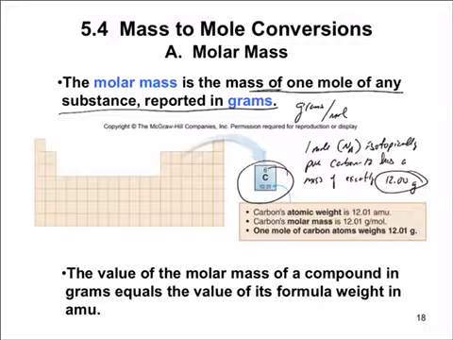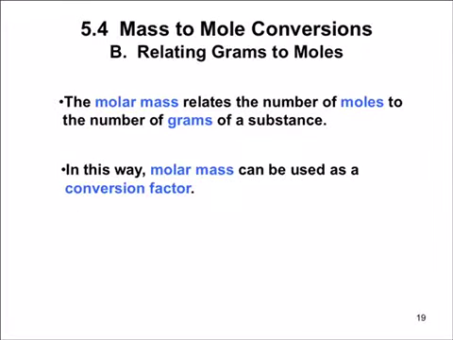So what this means is all of these mass numbers on your periodic table, the weight was given in AMUs, the molar mass is now given in grams per mole. 12.01 grams per mole. So the molar mass relates the number of moles to the number of grams.